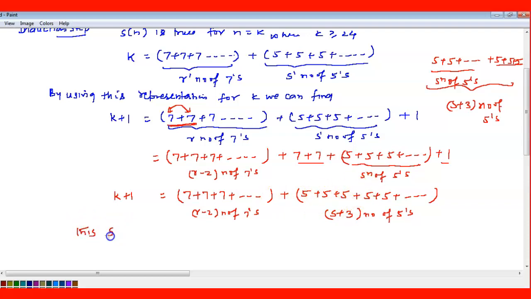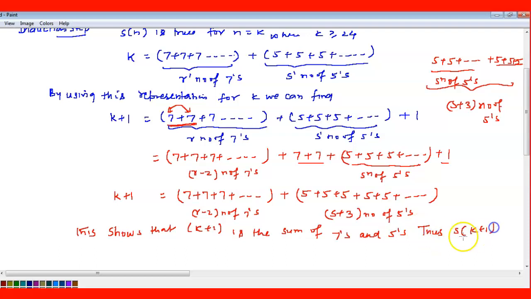So that k plus 1 is the sum of 7s and 5s. Okay, thus S of k plus 1 is also true.